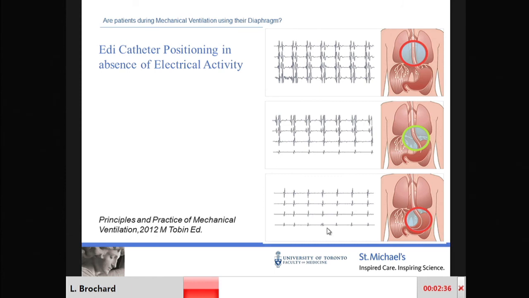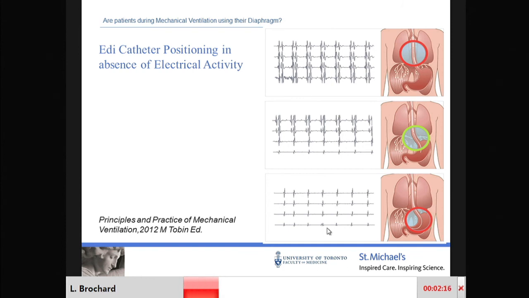A last interesting tool with EDI, and I'll finish, I'm in the red I see now, is that you can even monitor the respiratory muscle activity when there is no respiratory muscle activity. What do you mean?